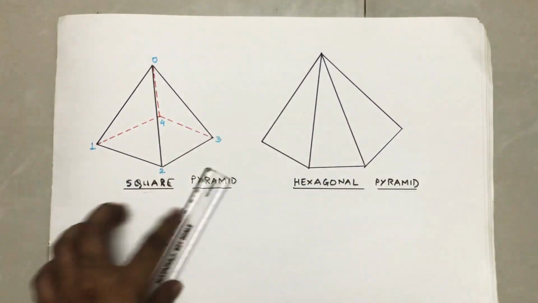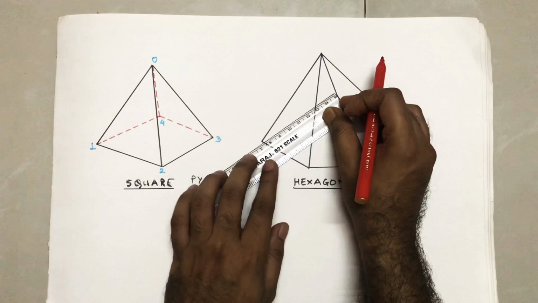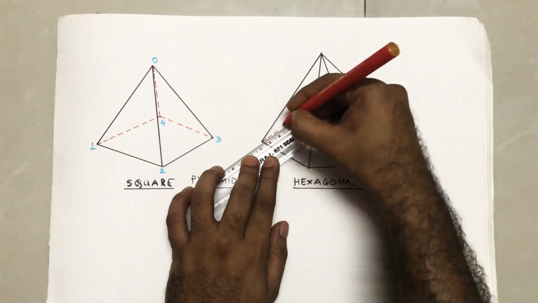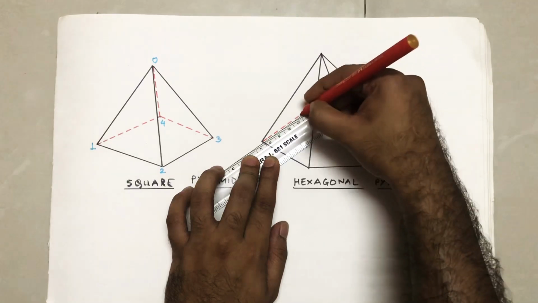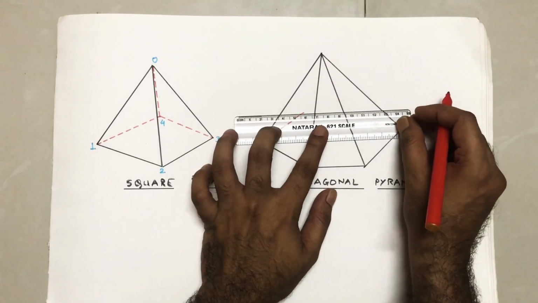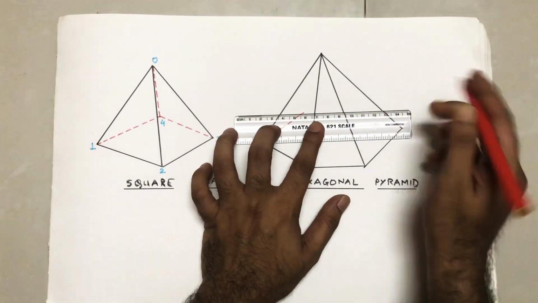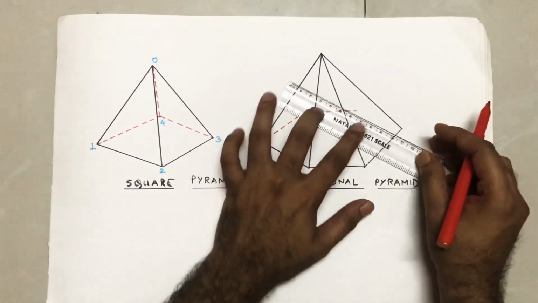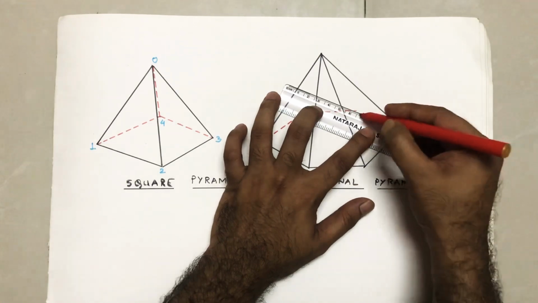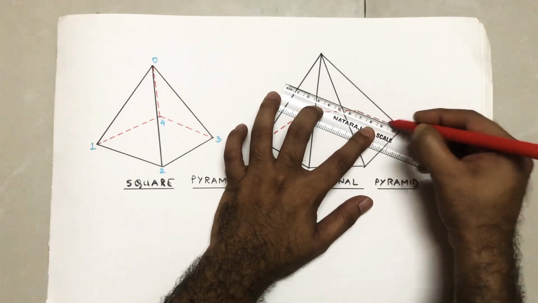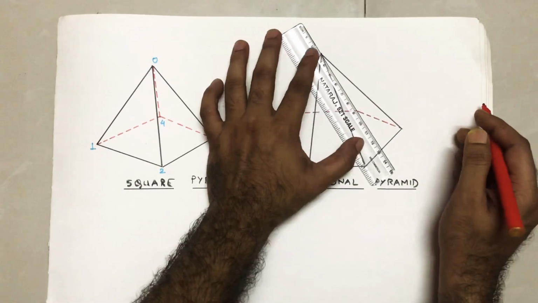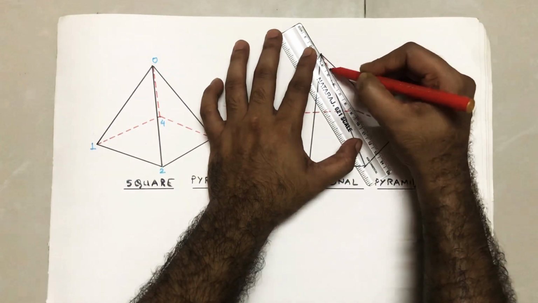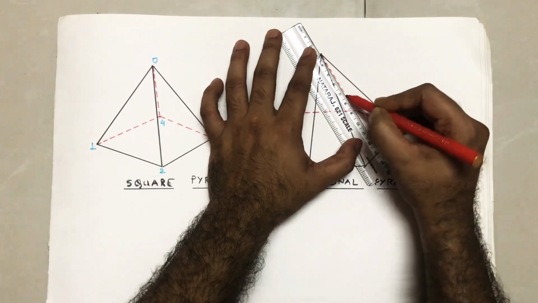These are the outer faces, planes, you can see. These are some hidden edges here. I'm going to draw them parallel here, like this. These are some edges which are hidden here.